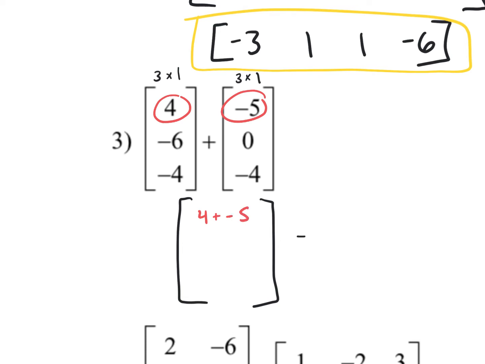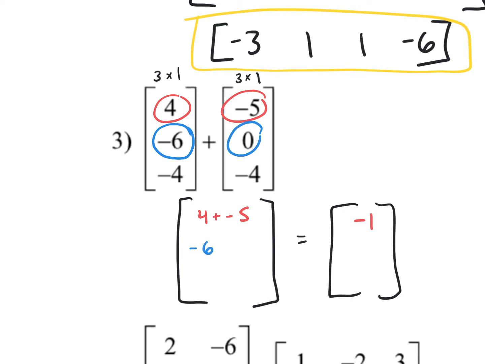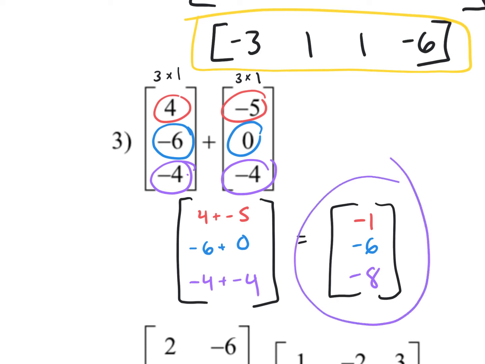What's 4 plus -5? -1. Then we have -6 plus 0, which is -6. And lastly, we have -4 plus -4. Awesome, -8. So then this is our answer.